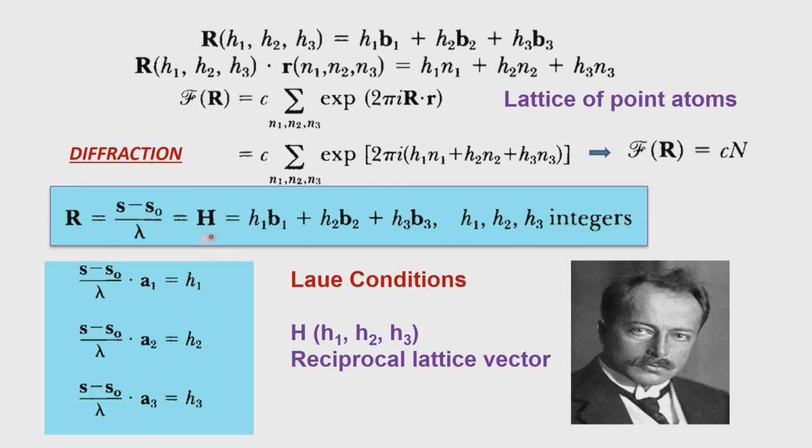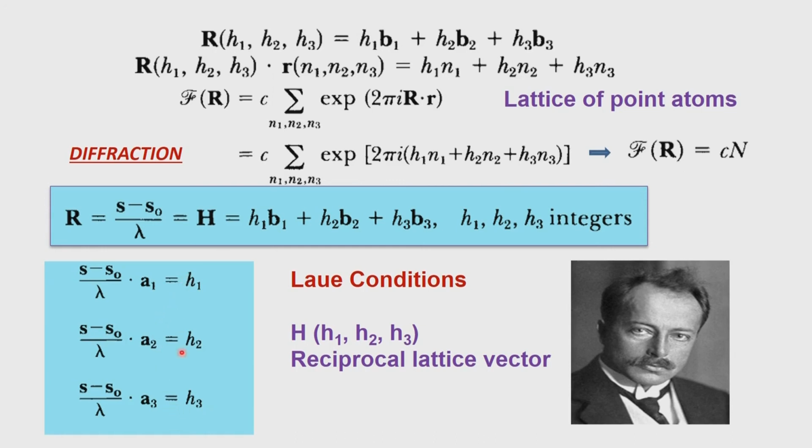That means these 3 conditions written down here: (S minus S naught) by lambda, you can write it as capital H, such that capital H dot A1 is equal to H1, capital H dot A2 is equal to H2, capital H dot A3 is equal to H3. Here A is your unit cell dimension.